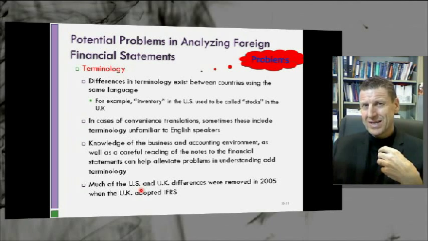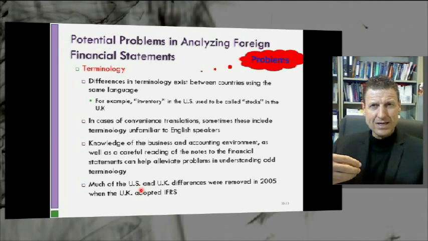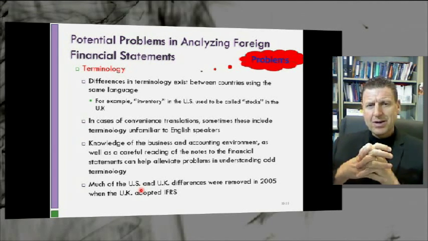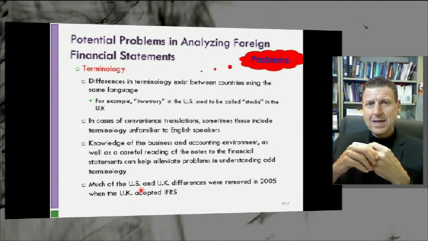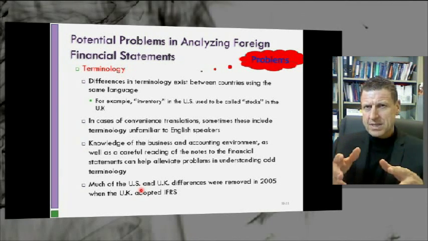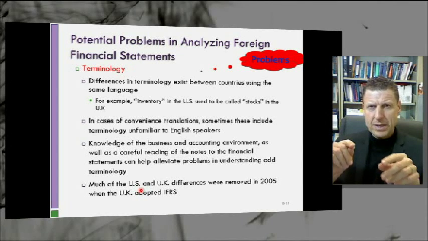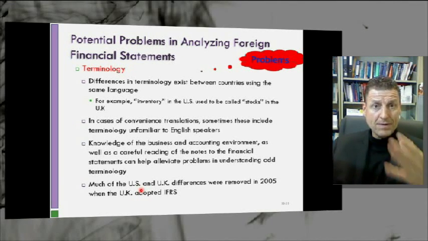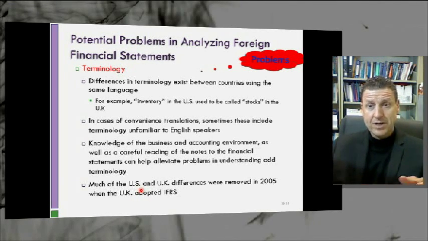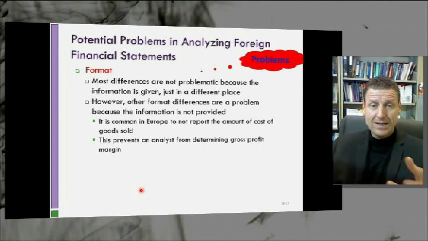Shareholders in one country is called stockholders in another country. So keep these in mind. Terminology, understand that it's not going to change the numbers that much, but you just got to look out for the different styles that are used in statements across different countries. What about format? Again, associated with the terminology. They like to use different names for different parts of the statement.